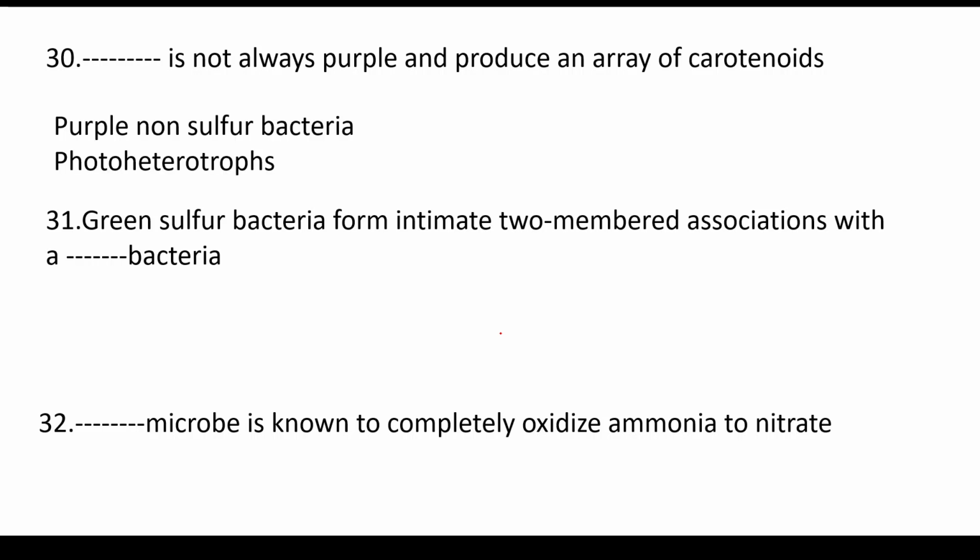The answer for the first question is purple non-sulfur bacteria or photoheterotrophs.